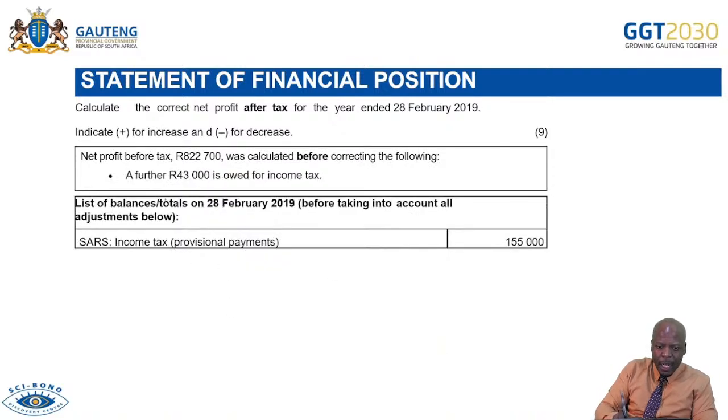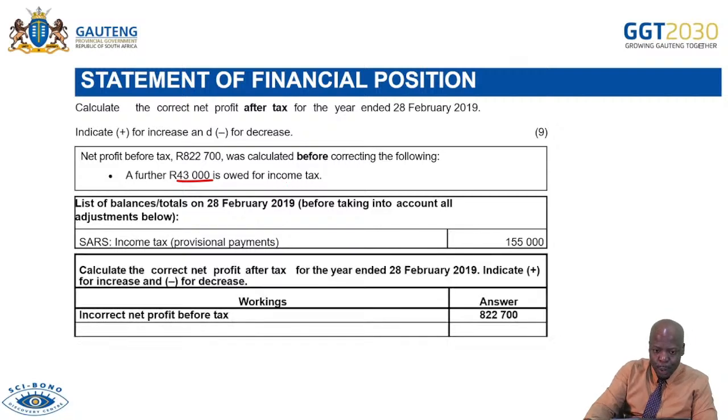Okay, so I'm going to move on to the next one. The next one says a further 43,000 is owed for income tax. So what I have is the list of totals. I have my provisional payments. Remember, there is my 155,000, my provisional payments. Now, when I am preparing the correct net profit calculation after tax, I must come here and record my income tax.